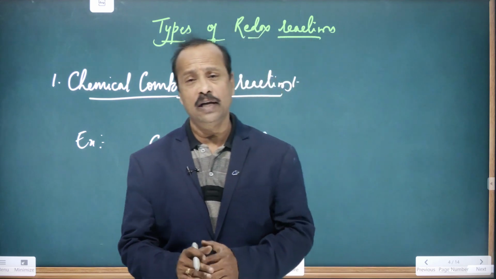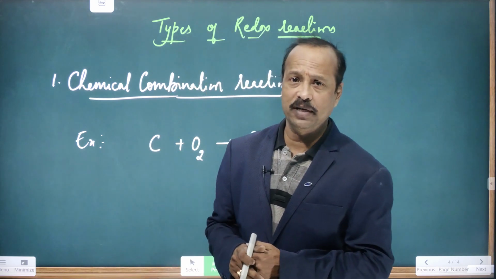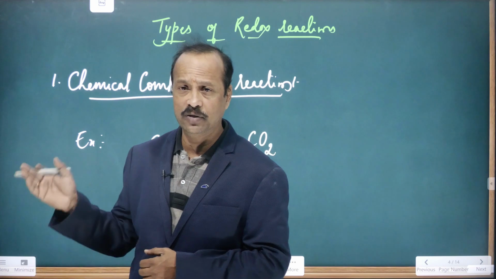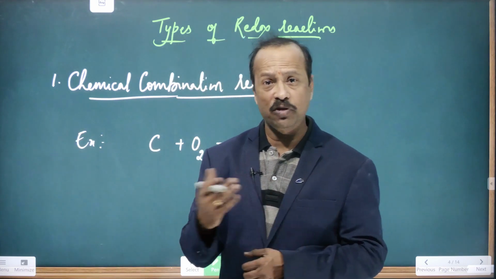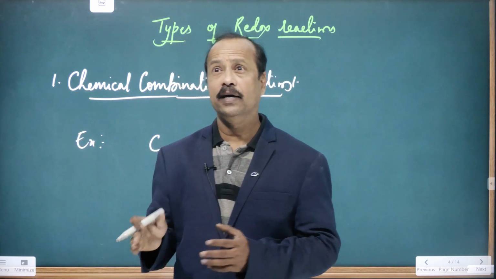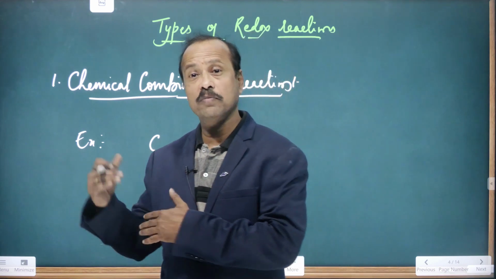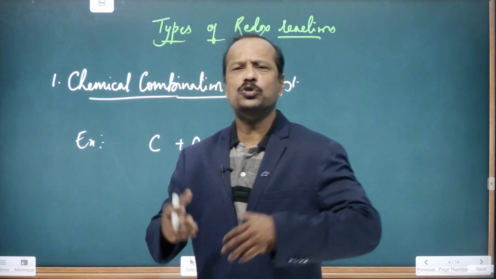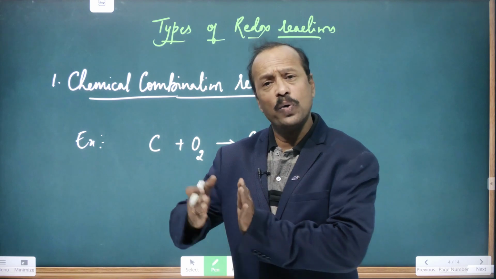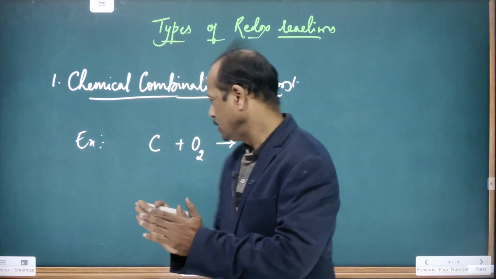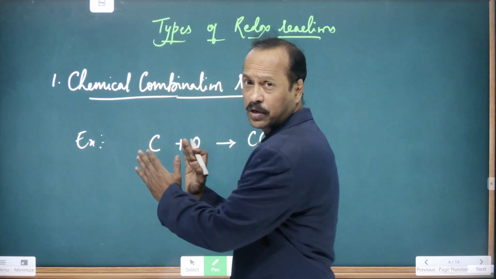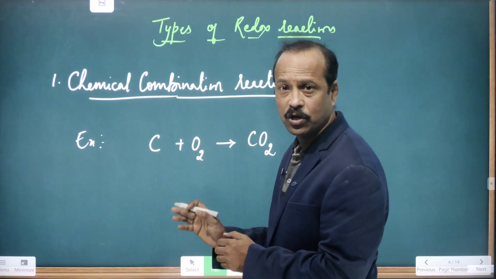Clear? So like this, there are so many examples. Magnesium burns in oxygen to form magnesium oxide. Hydrogen reacts with chlorine to form hydrochloric acid. Hydrogen reacts with oxygen to form water. And calcium oxide reacts with water to form calcium hydroxide. Like this, we can give so many reactions where two or more reactants combine. You already know that those which take part in the chemical reaction are called reactants.